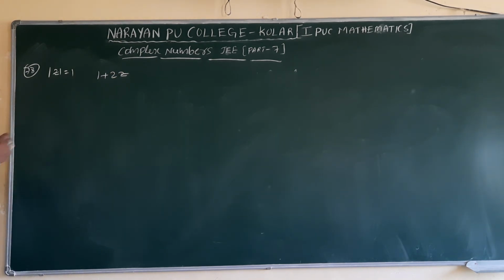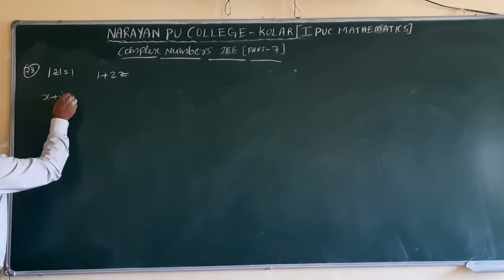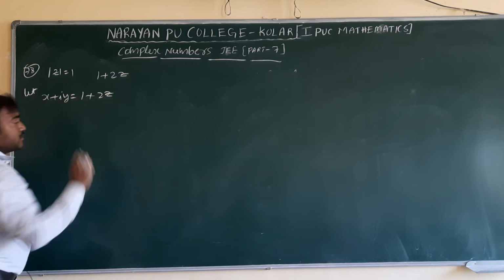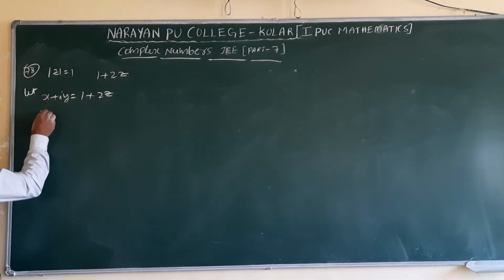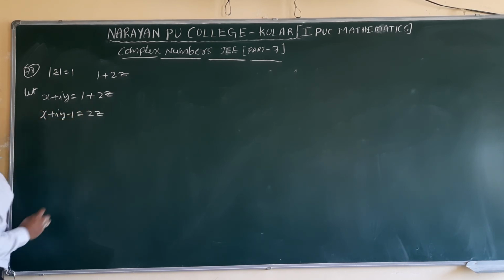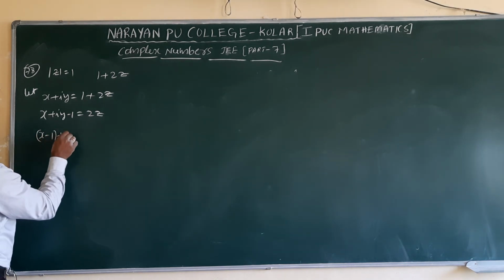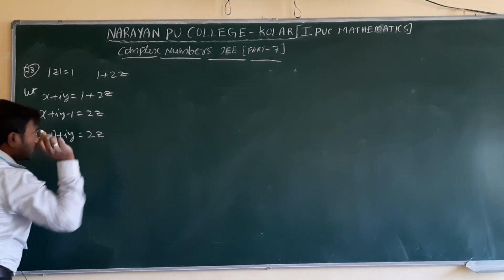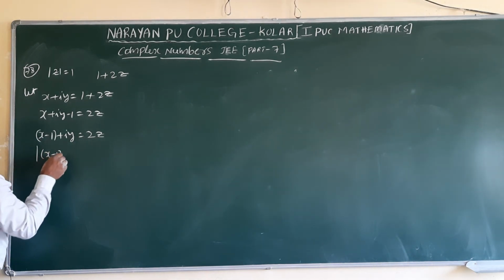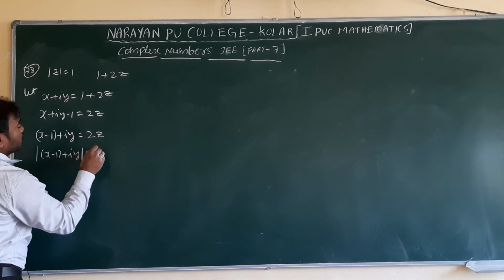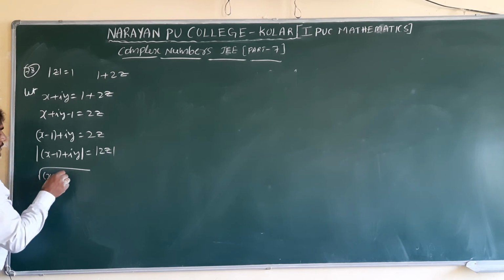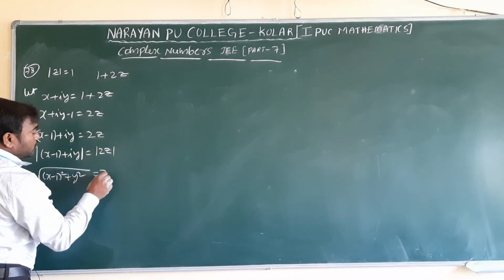Let x + iy = 1 + 2z. Then x + iy - 1 = 2z, so (x - 1) + iy = 2z. Applying modulus on both sides, |(x - 1) + iy| = |2z|. So the square root of (x - 1)² + y² is equal to 2|z|.